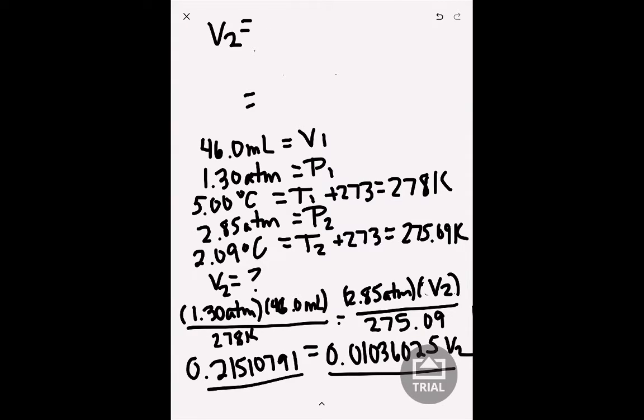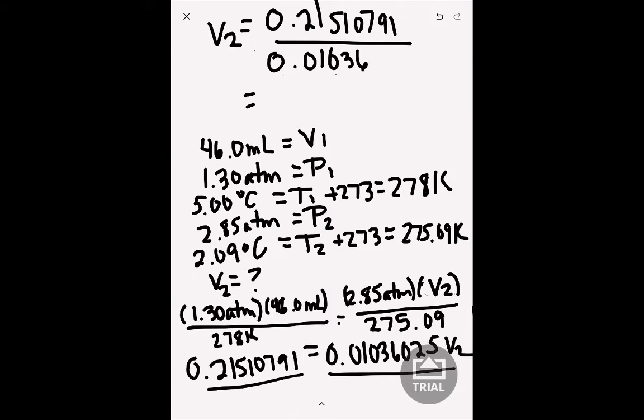So V2 is going to be equal to 0.2151071 divided by 0.01036025. All right, so now 0.2151071 divided by 0.01036025 equals, and I've got 20.762810.7.